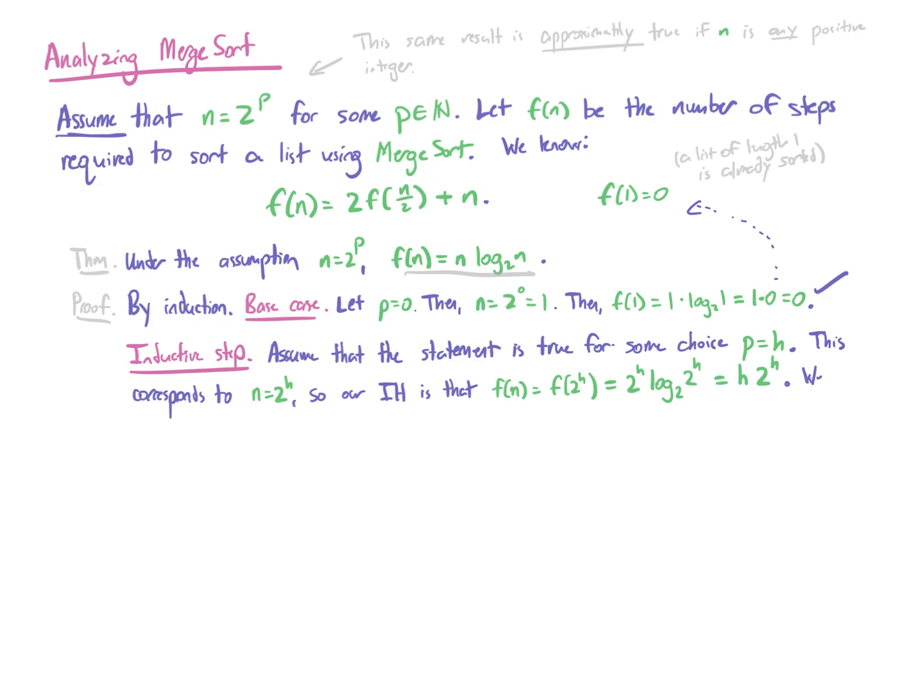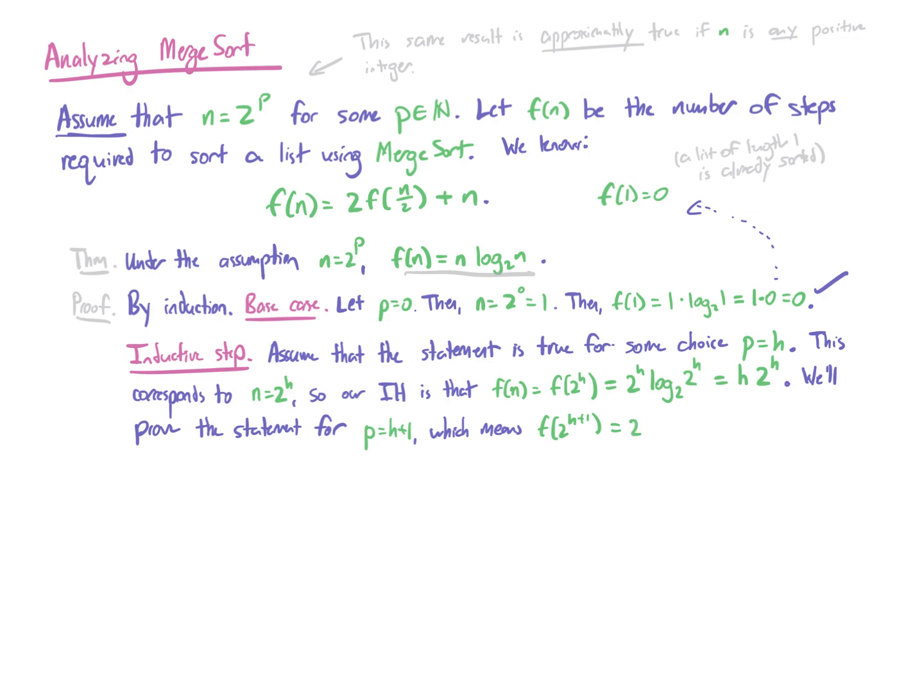So we'll prove the statement for p equals h plus 1, which means, so I'm going to do the same computation I just did, but I plug in h plus 1 everywhere I see h.